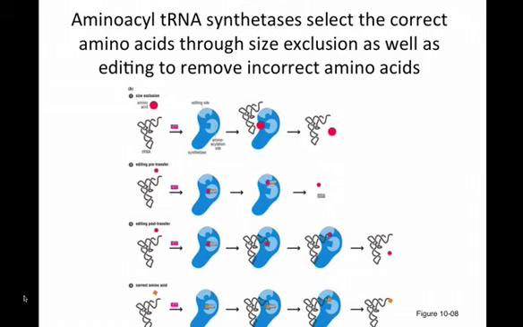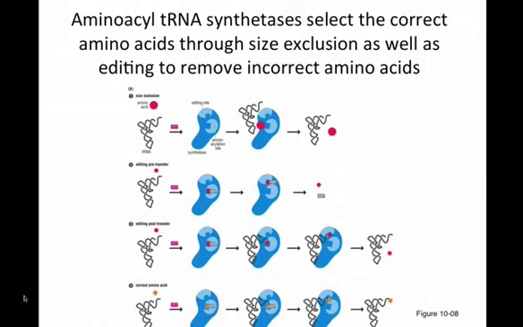And then you can have editing pre-transfer of the amino acid to the tRNA, because if it binds and doesn't fit into the aminoacylation site, it will be transferred to the editing site and kicked out.